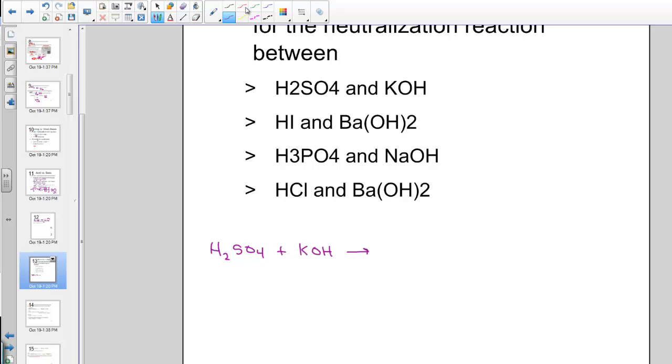I strongly recommend just considering the charges the ions carry. Hydrogen, which is a +1, and sulfate is that polyatomic ion, and I know it carries a -2. This 2 is telling me that when I uncrisscross.